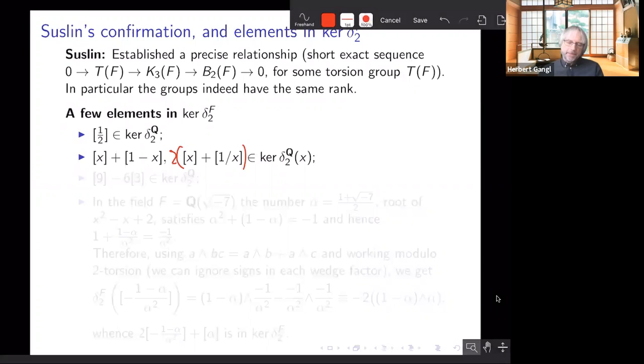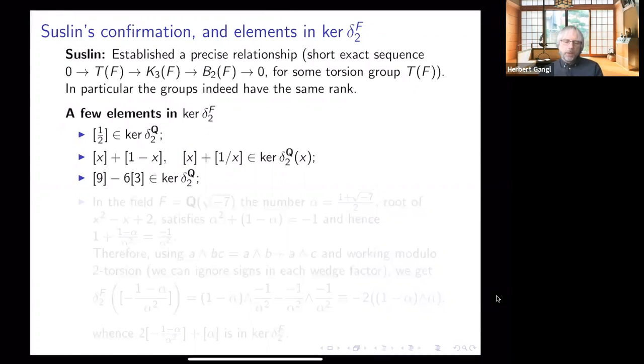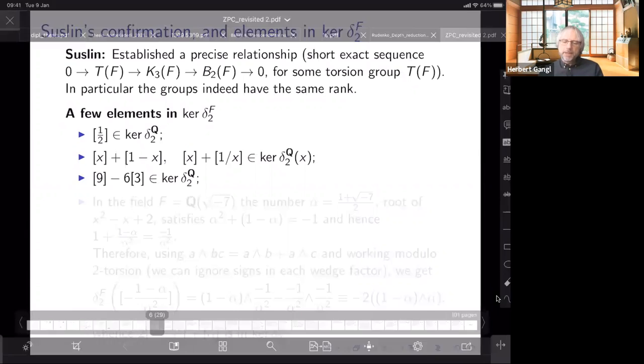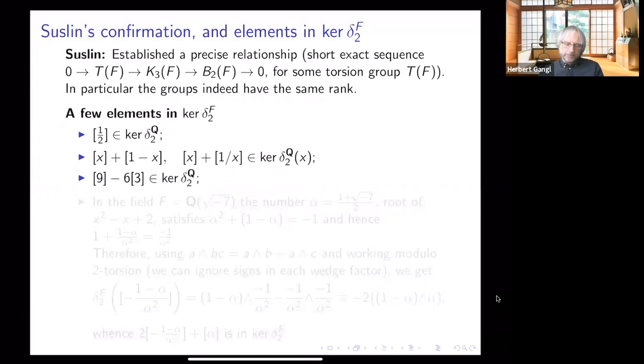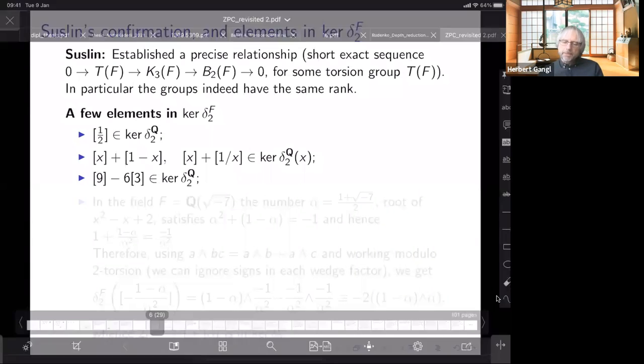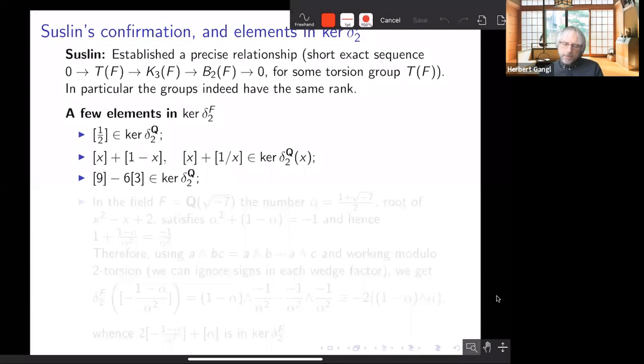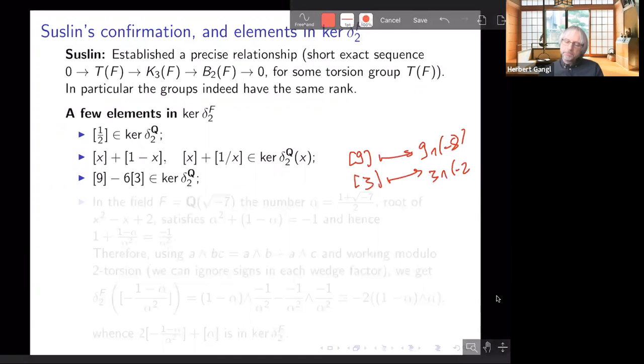A bit more interesting is the next one, where we take 9 minus 6 times 3. So there's something you might be able to do in your head. 9 goes to 9 wedge minus 8. 3 goes to 3 wedge minus 2.